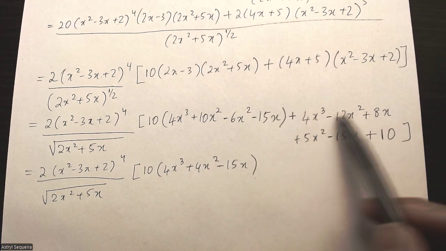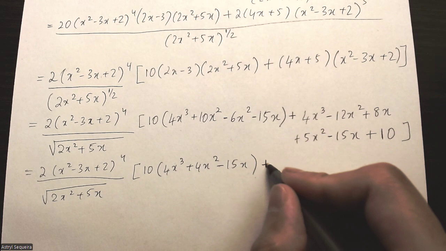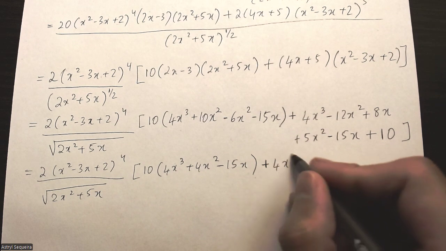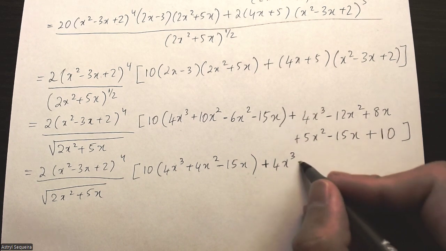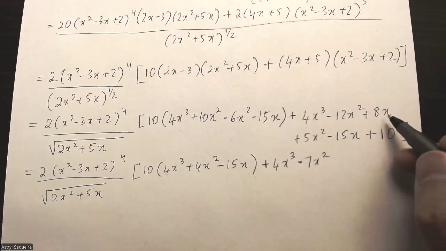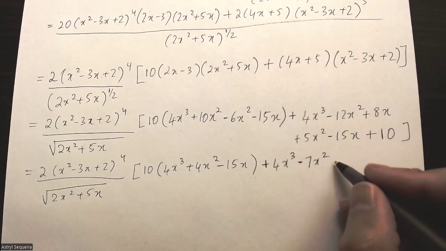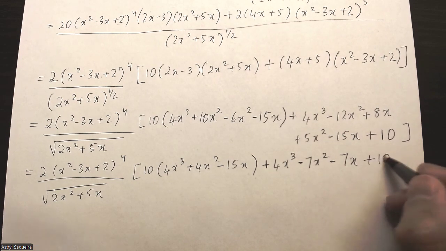And over here, I'm going to combine like terms outside the bracket as well. 4x cubed negative 12x squared, so minus 7x squared. 8x minus 15x is minus 7x plus 10.